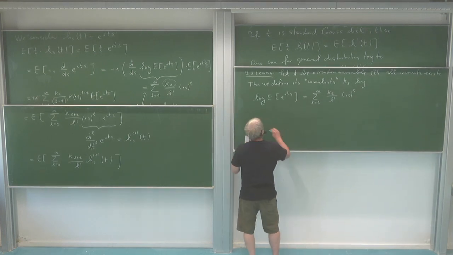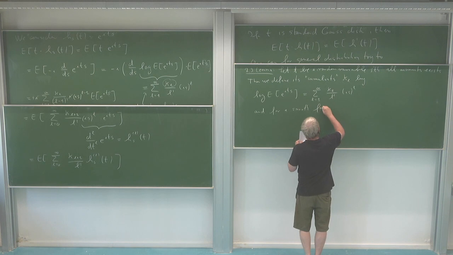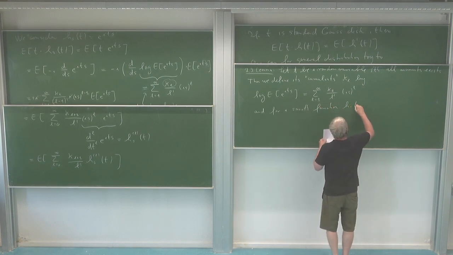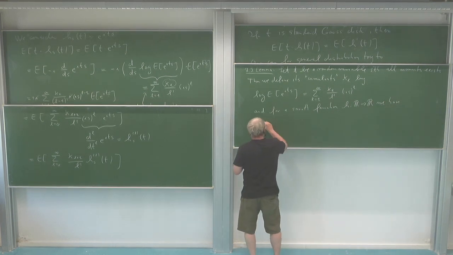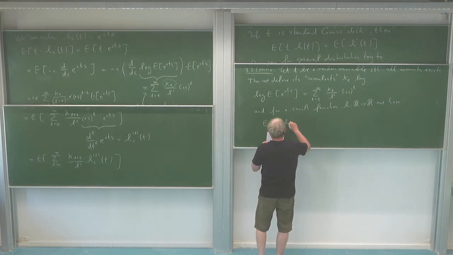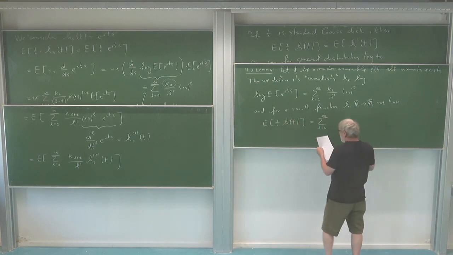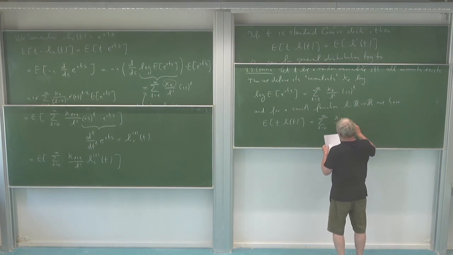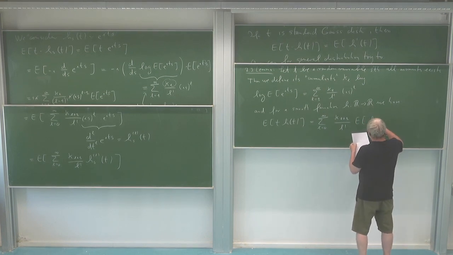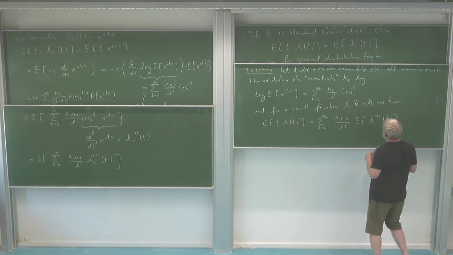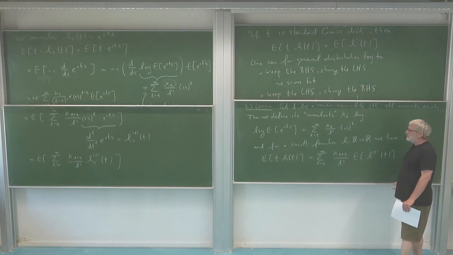So this is the definition, but now the statement is: for a smooth function h from R to R, if I take the expectation of t multiplied with this function, then this has the same effect as summing over L from 0 to infinity of the (L+1)th cumulant divided by L factorial, times the expectation of h^(L)(t), where this is the Lth derivative. Good. So that's more or less what we saw here.